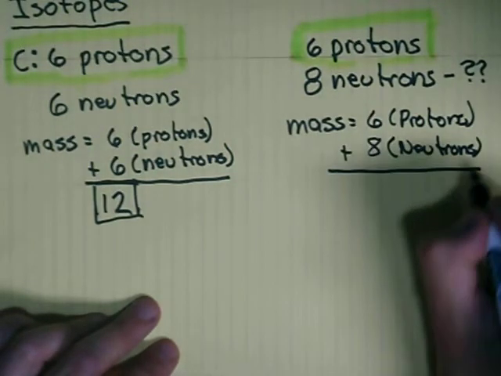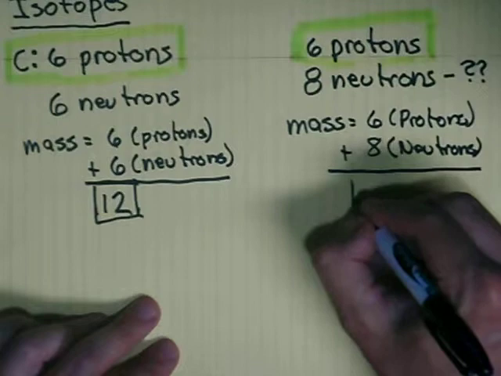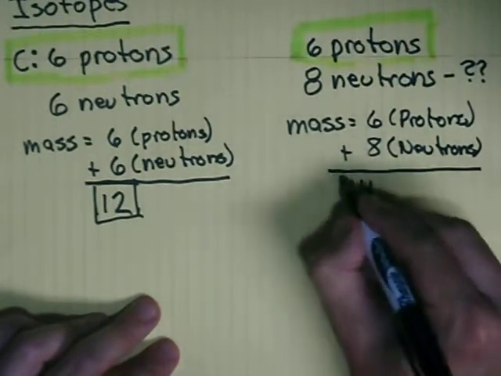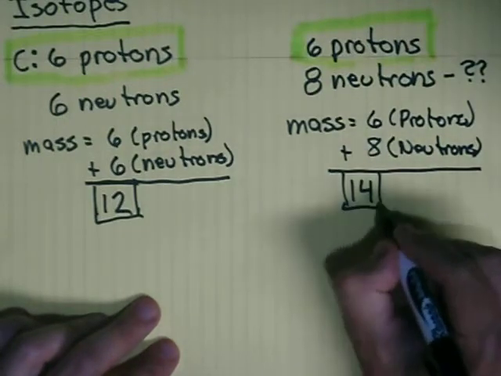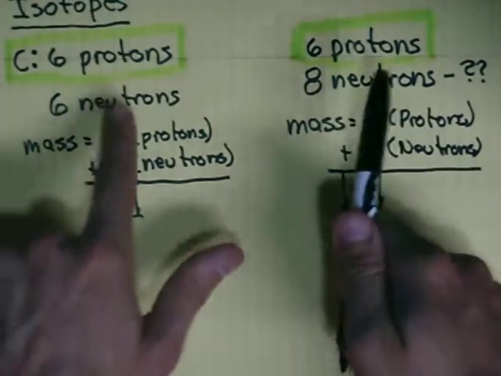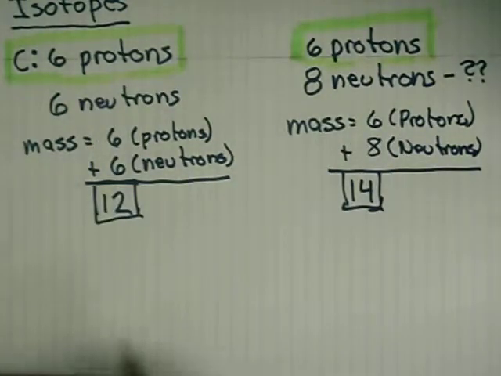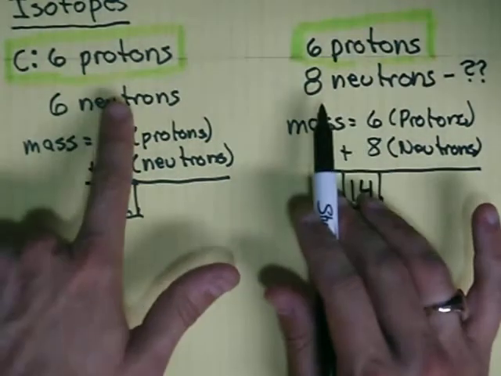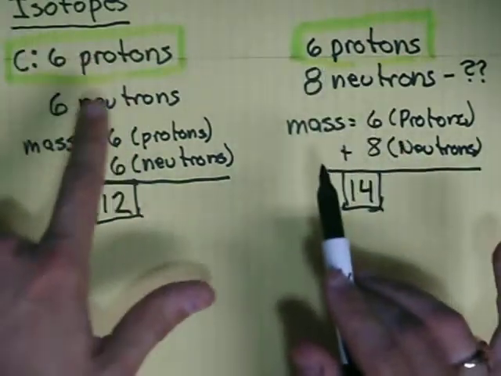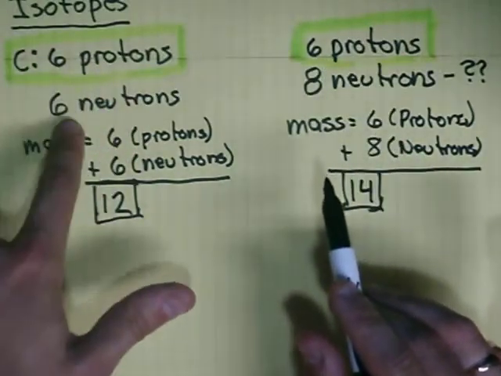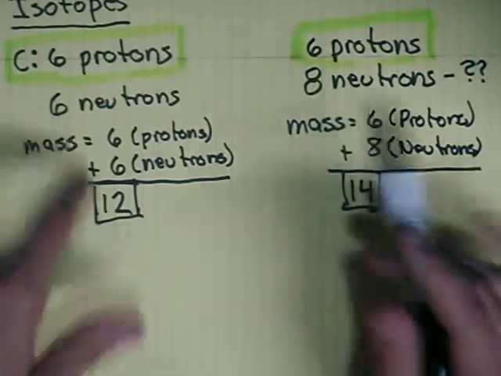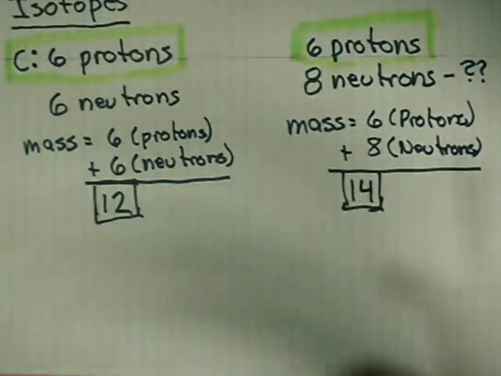So when we add that all together, 6 plus 8 gives us 14. 2 atoms of carbon, 6 protons. This atom has 6 neutrons in it. This atom has 8 neutrons. As you might expect, 8, a little bit bigger.